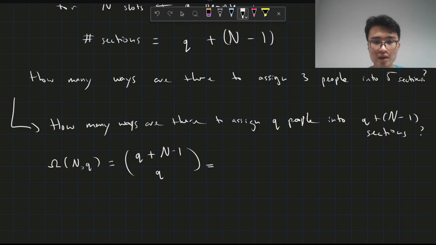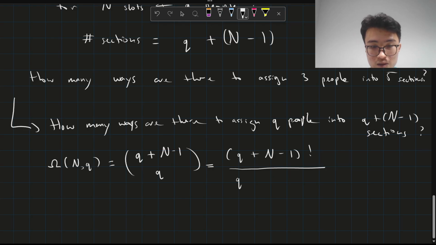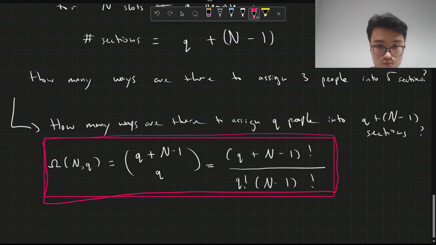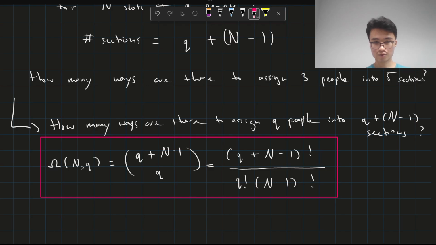And to expand that, if you remember the formula from high school, it's (q plus n minus 1) factorial divided by q factorial times (n minus 1) factorial, and that is the answer. We're done. It's a very good problem.